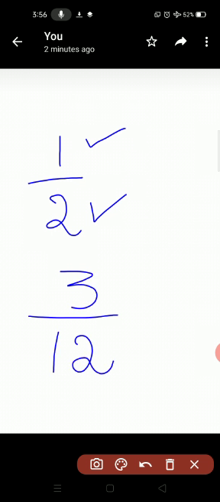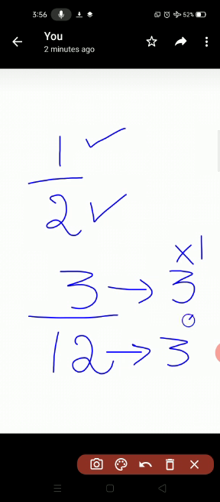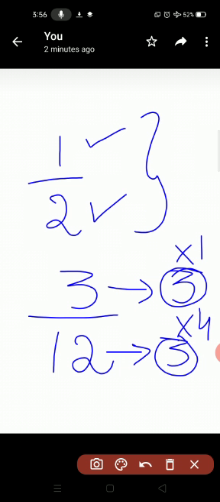If we take another example, 3 by 12, here for the numerator 3 and for the denominator 12, we have 3 as a common factor, because 3 1s are 3 and 3 4s are 12. So here numerator and denominator have the common factor 3. But if a fraction has a numerator and denominator without a common factor, then that type of fraction is said to be in simplest form or reduced form.